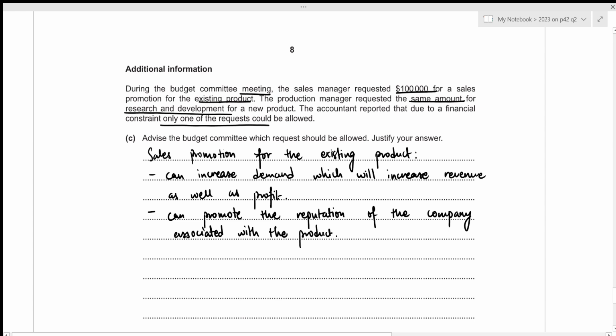And it will be particularly helpful if the product is at the declining stage. So if it's at a declining stage, it means that the demand for the product is going down. And if we put out a sales promotion, it means that the demand for that product might increase in the future. So product life cycle may be at the declining stage.